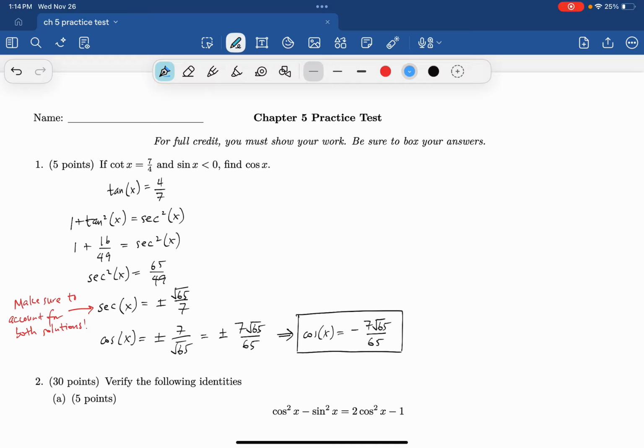All right, let me show the other way to do this without converting to tangent. This way would use the fact that 1 plus cotangent squared equals cosecant squared. Okay, so that means cosecant squared equals 1 plus 49 over 16, which equals 65 over 16.